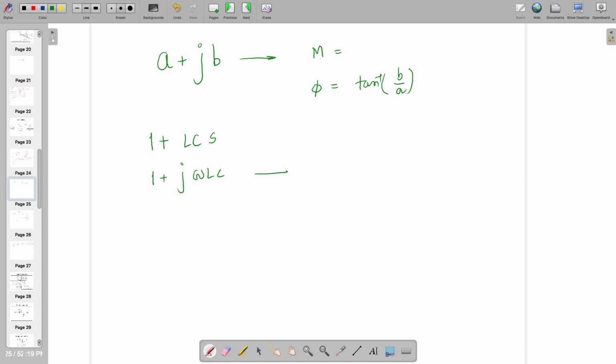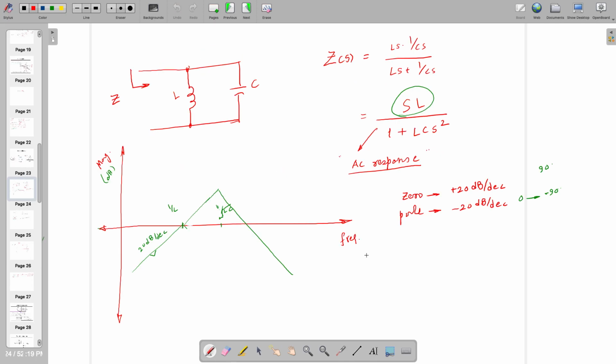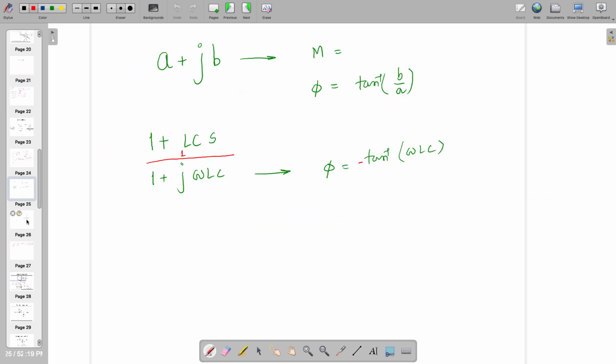So now write down the phase equation. What is the phase equation? Tan inverse omega LC. Excellent. But if somebody makes this 1 by 1 plus j omega LC, then what will happen? It's minus. So it's similar to what we had here, but it's only one pole.